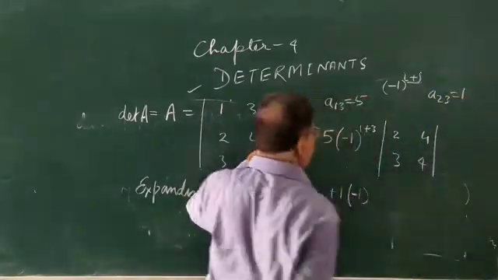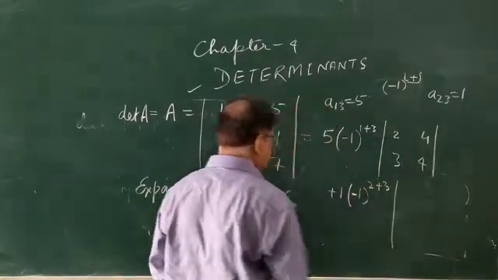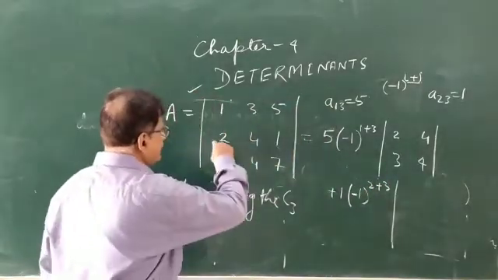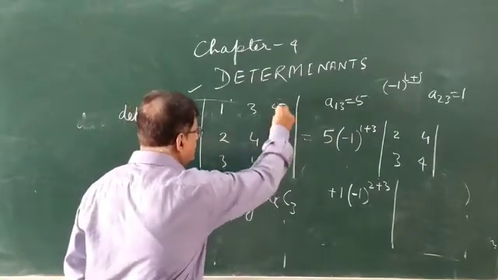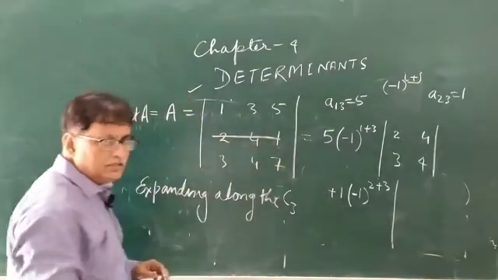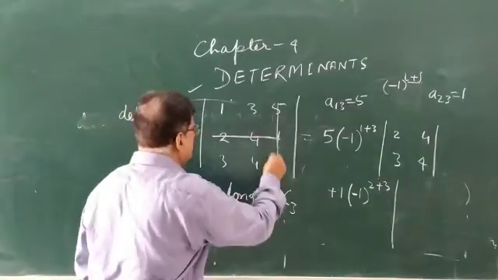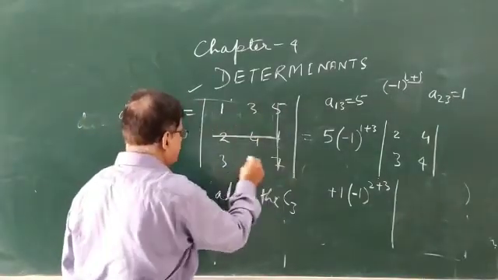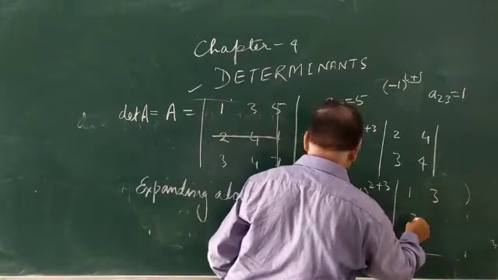So what will be the sign of this element? 2 plus 3. Second row and third column, hide it, but don't cross it, you take it in the mind and see what is left: 1 3 3 4.